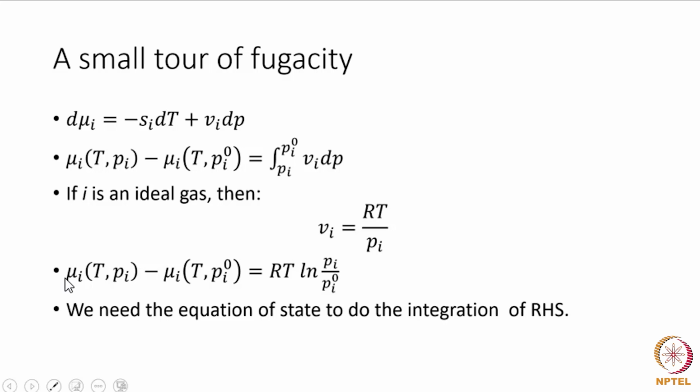So we have seen that we have used the ideal gas equation while integrating the right hand side, which means that when we want to do this integration, we need an equation of state, and for real gases sometimes we may not have it handy.